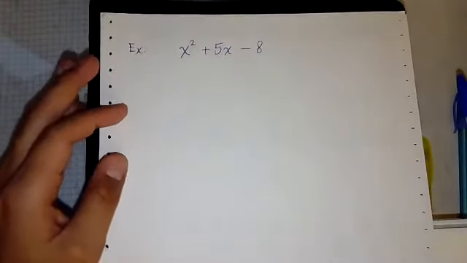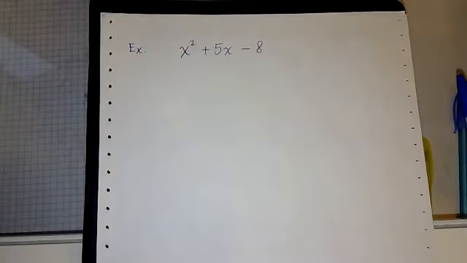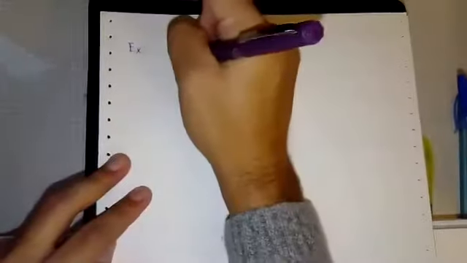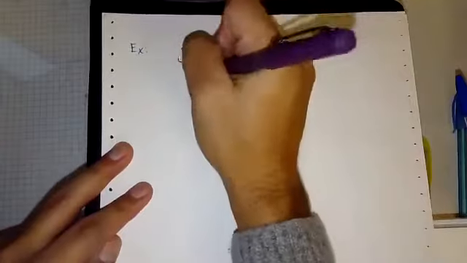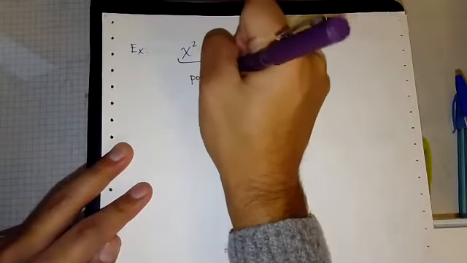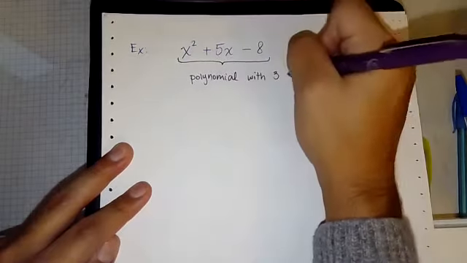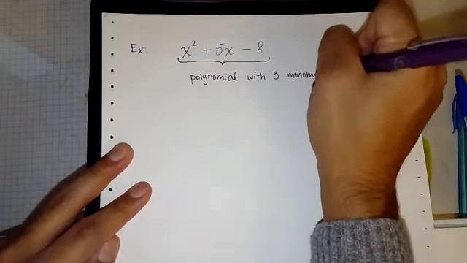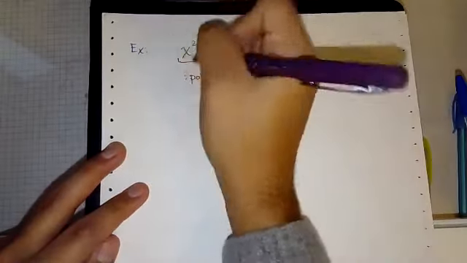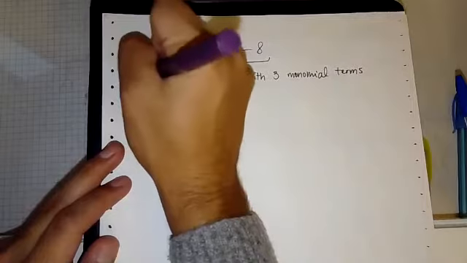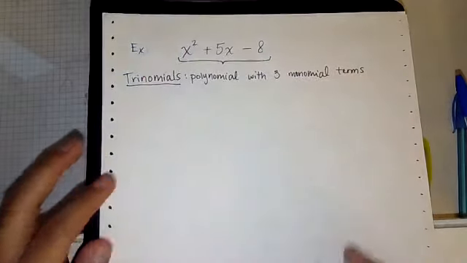Well, again, we have 3 terms here, 3 monomial terms, but this whole thing is a polynomial. And this is a polynomial with 3 monomial terms. And specifically, we're going to call these trinomials because there are 3 terms.